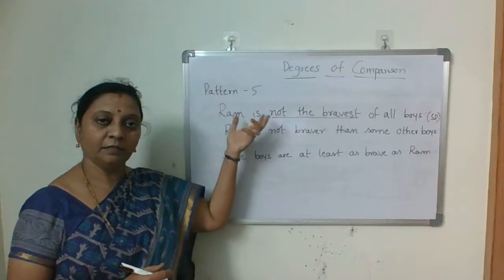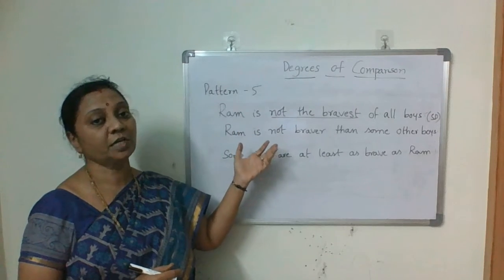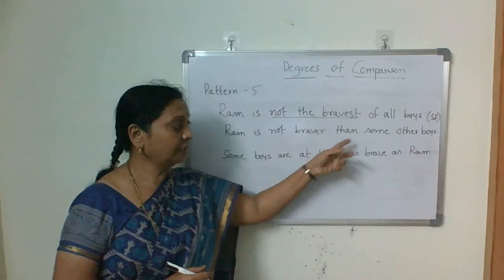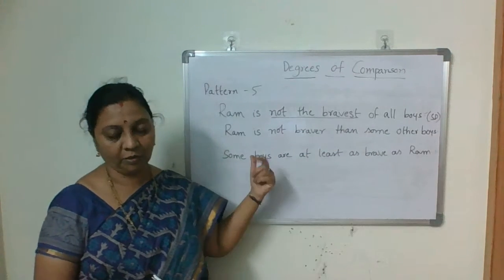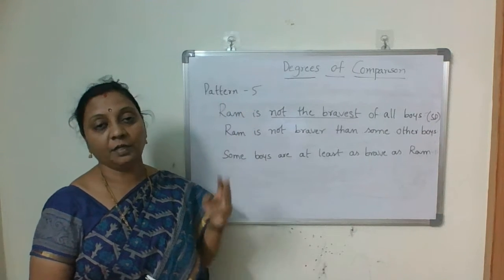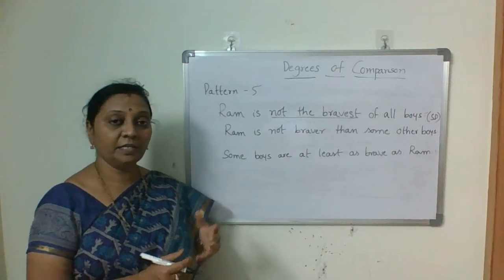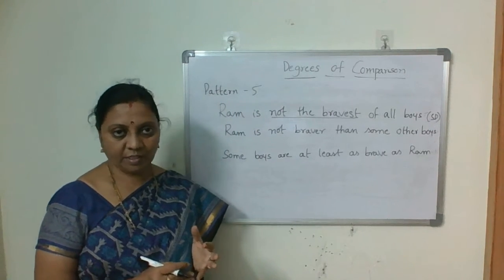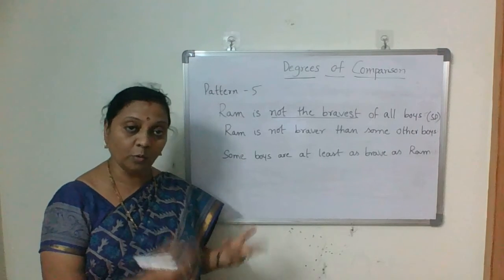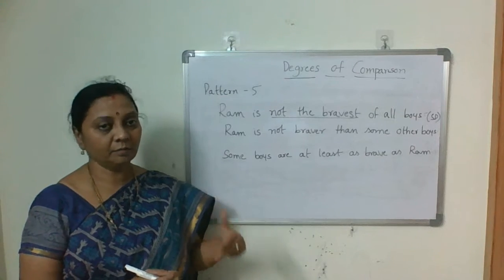Then when this is used, how do you change it to comparative form? Ram is not braver than some other boys. In pattern 3, we used "he is not more intelligent than any other boy in the class". Hyderabad is not bigger than most other, any other, most other.